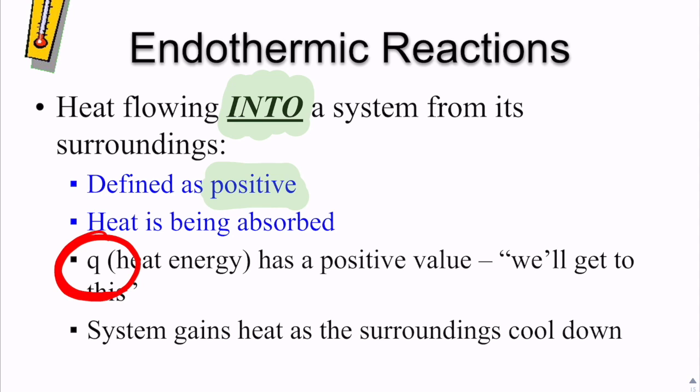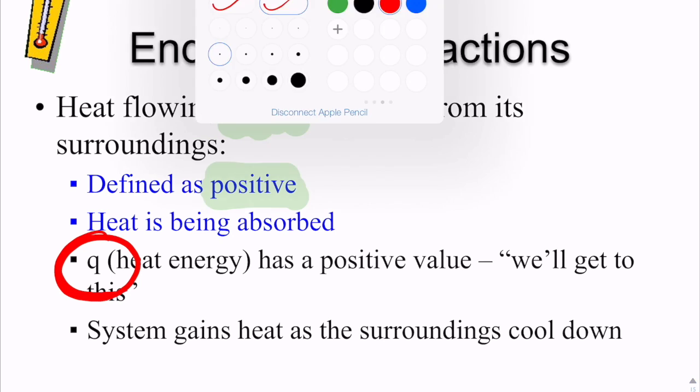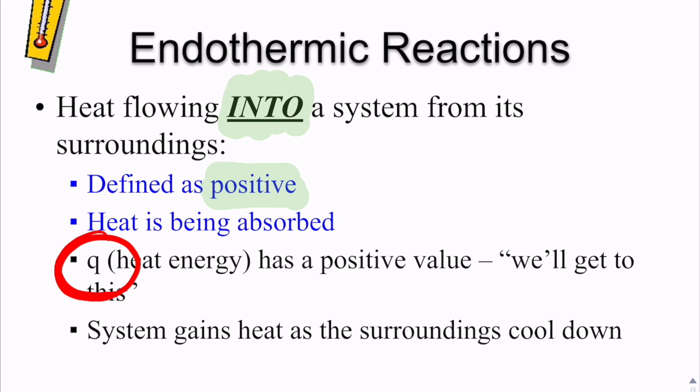All right, so as a system gains heat energy from the surroundings, it will get cooler. A good example of this could be applied to your air compressor tanks that you have at home. So if you have an air compressor at home, you have the tank, and then you got the motor on the top. Okay.